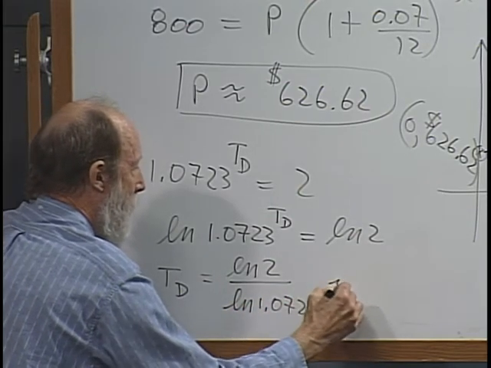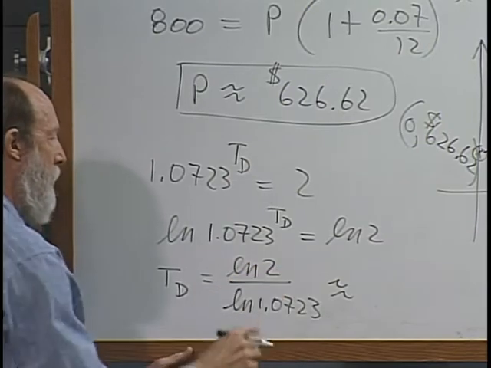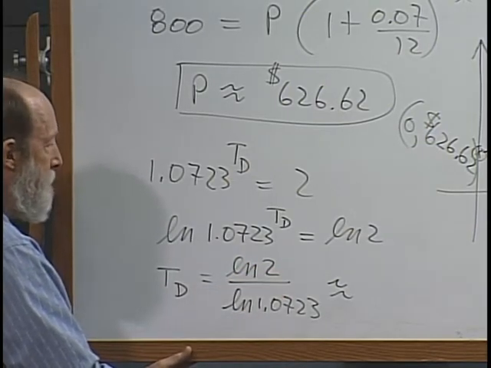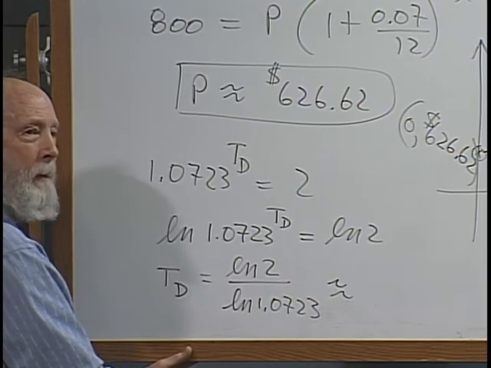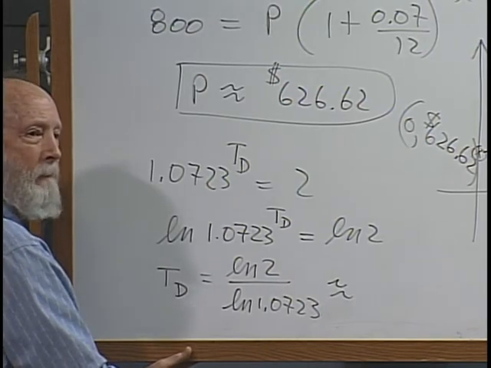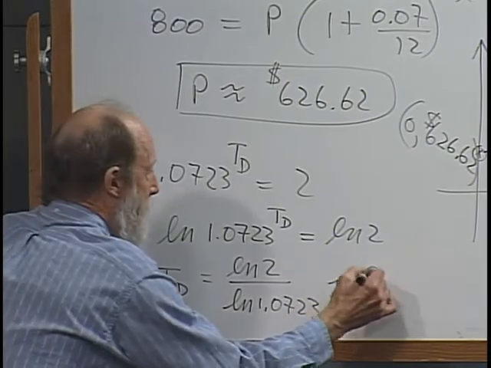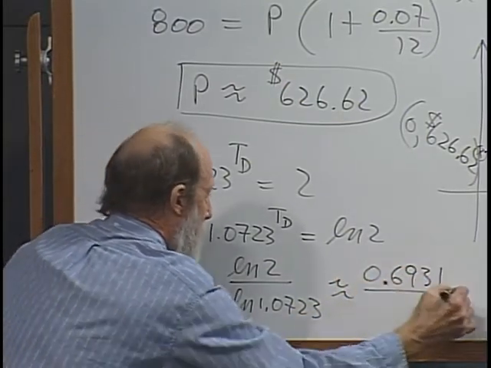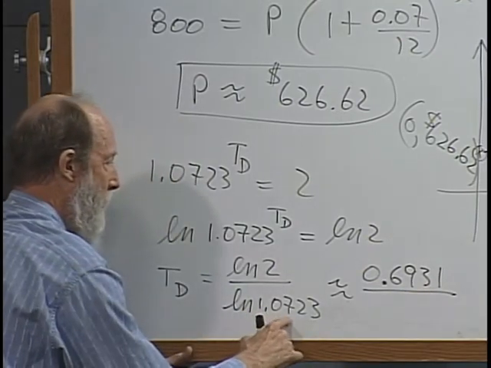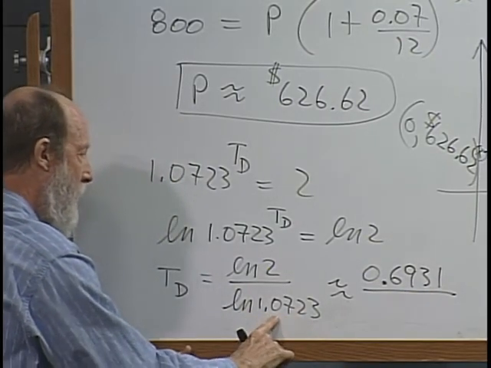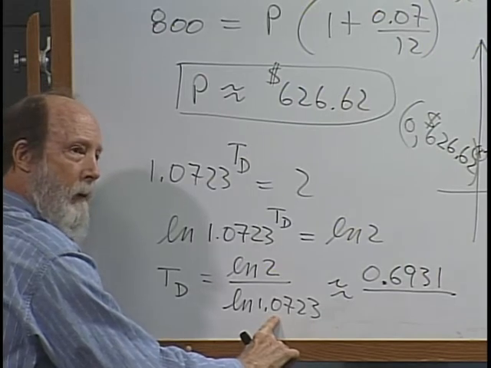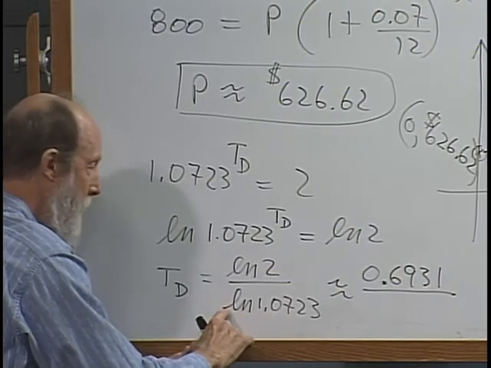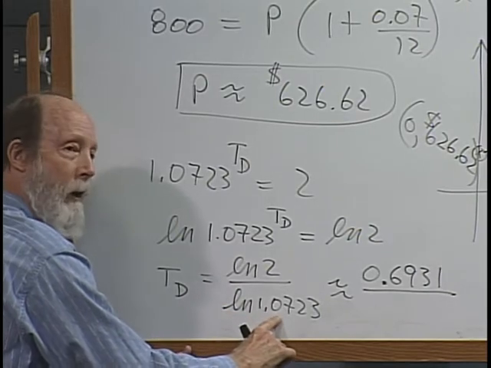Now, what I'd like you all to do is to punch the natural log of 2 on your calculator. 0.6931 approximately, and then the natural log of 1.07 should be a number very close to, think about it, the natural log of 1 is the exponent of e that gives you a number very close to 1.